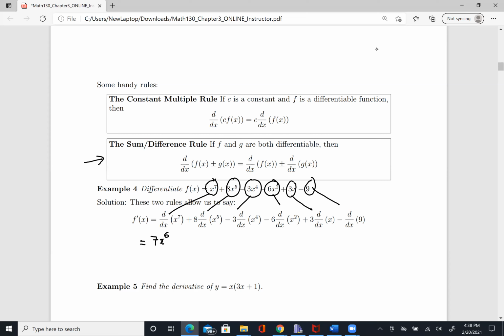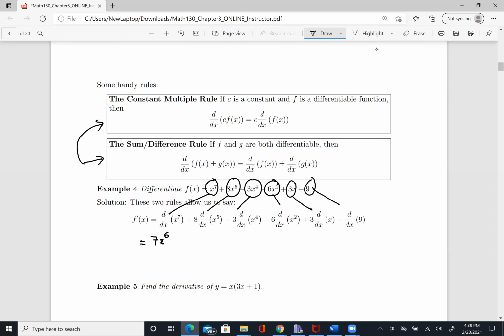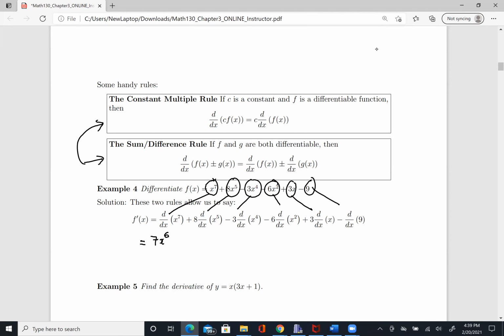By the way, for the second term, I also apply the constant multiple rule, because I see 8 times x to the power 5. 8 is a constant multiplied by x to the power 5, so I can pull the number 8 out in front of the derivative, and I don't have to worry about it. I just take the derivative of x to the power 5.